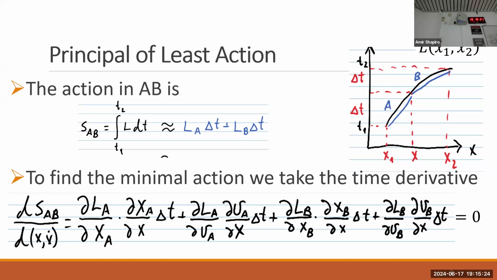But I need this also in x dot. x dot is V_A, the velocity along section A. So it's dL_A/dV_A times dV_A/dx times delta t. This entire thing is the derivative of L_A dt. And we do the same for L_B delta t. So it's a bit long. And this must be 0.